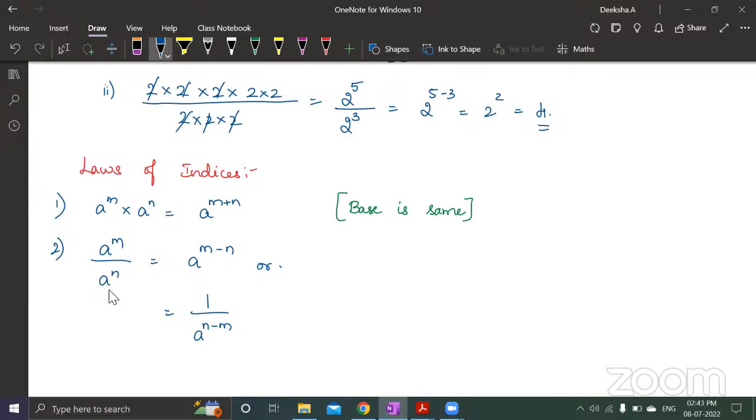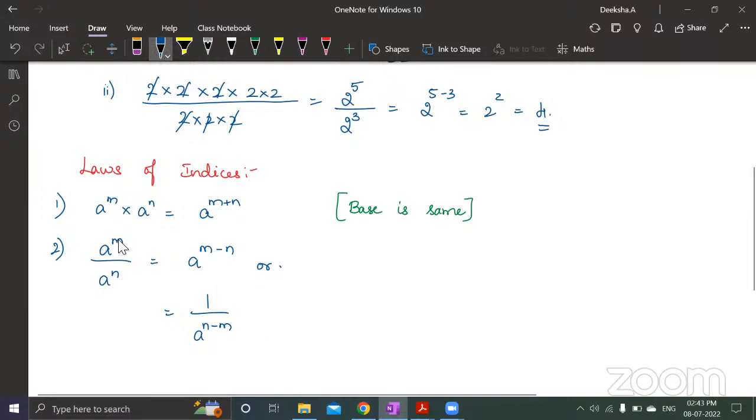Okay, in this case, I'm shifting this number which is in the denominator to the numerator. So n becomes minus n. If I'm shifting the other way, that is numerator, if I'm bringing it down to the denominator, then m becomes minus m. Remember, here in the options, definitely they would have given minus in the answer. Okay, and many students get confused.